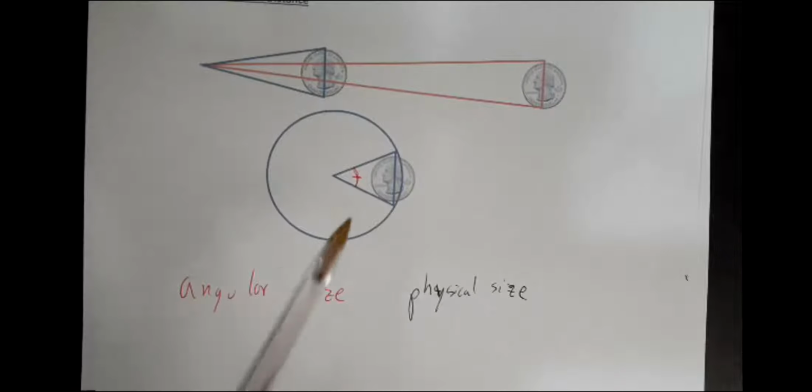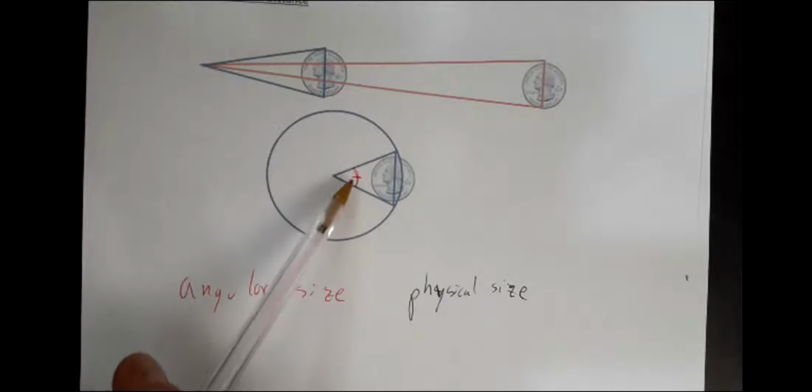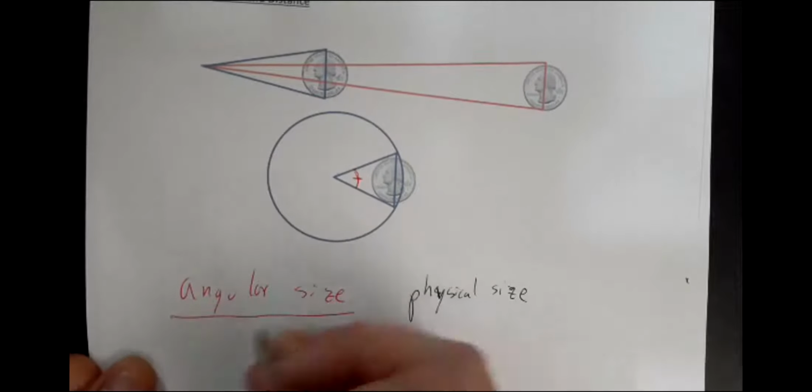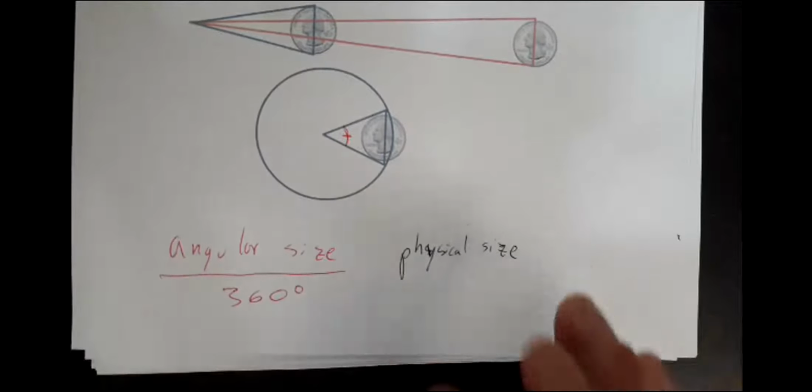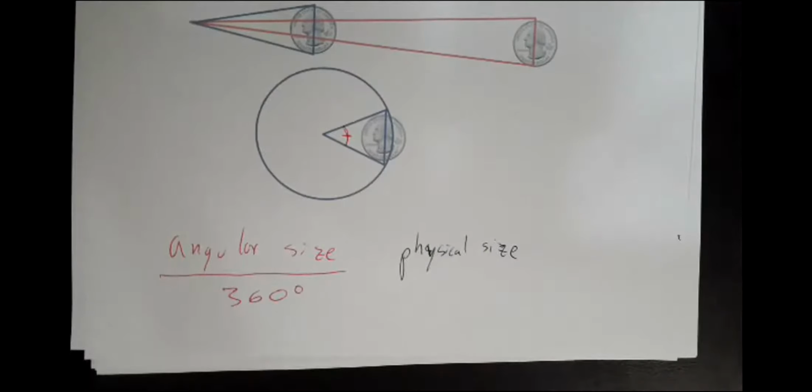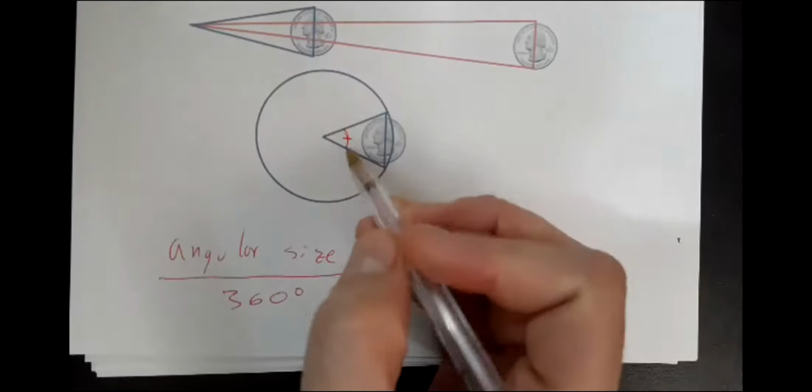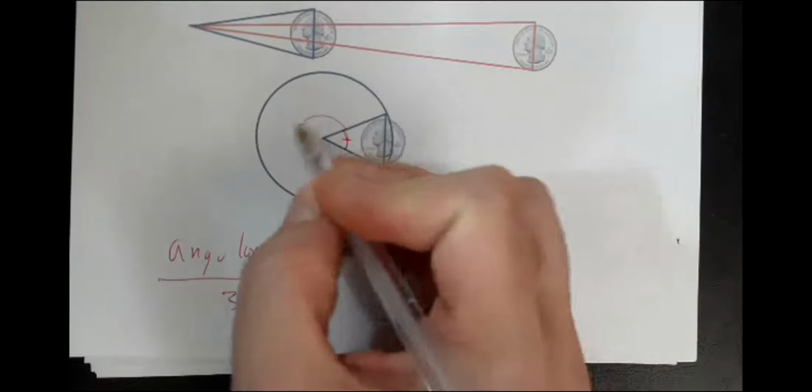So if I'm looking at this angle here, it is part of this whole circle. So I want to compare this angle size to the whole circle being 360 degrees. And I want to compare that. So this part is part of this whole.